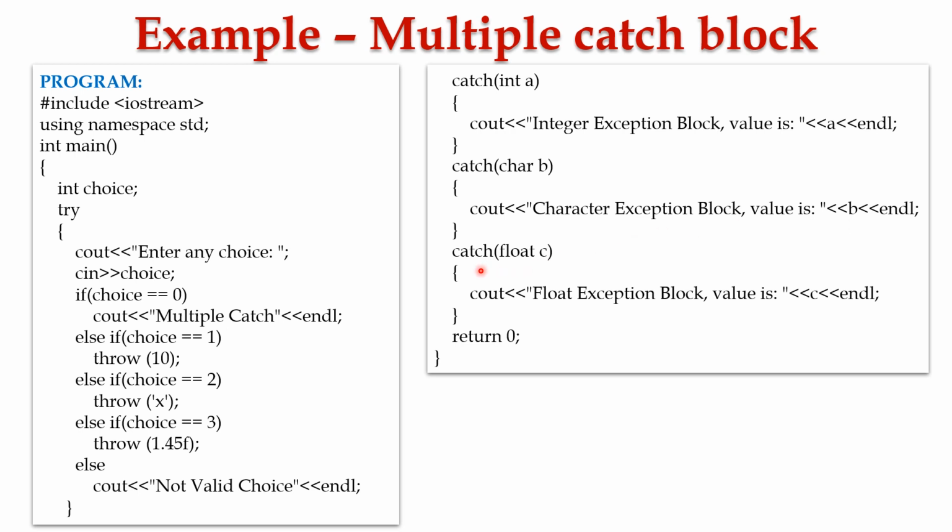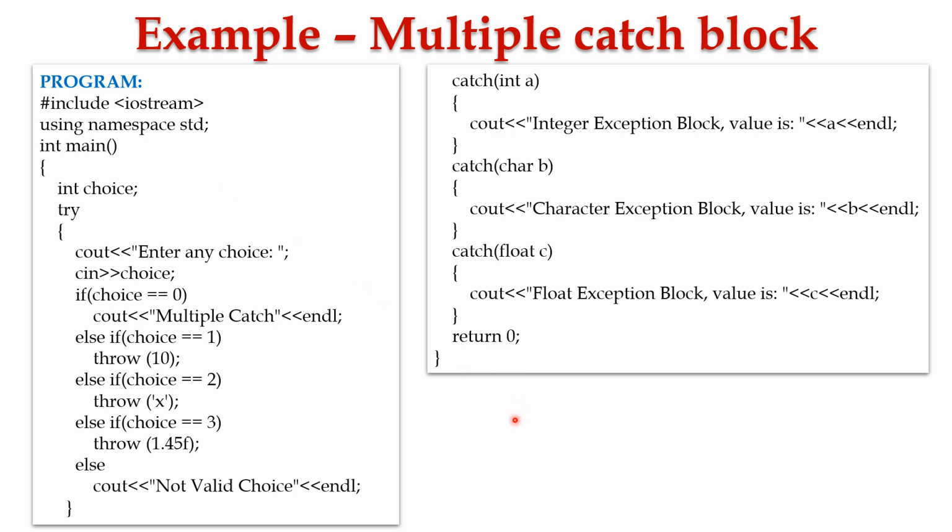In the next catch block, that is catch(float c), this catch will catch the exception of type float. When an exception of type float is thrown in the try block, the program flow will jump to this catch block and execute the out statement, that is, "float exception block value of the variable C" is displayed to the user. Finally, we have the return 0 statement, which indicates the successful execution of the code.